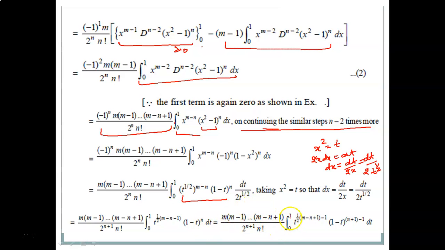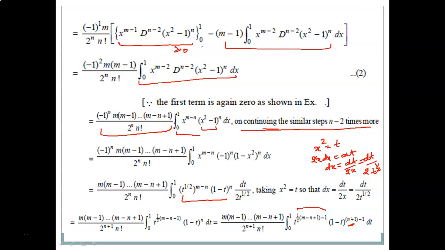Then 0 to 1 t raised to power this, we can further simplify in this form: 1 by 2 t raised to power 1 by 2 m minus n plus 1 minus 1. And similarly 1 minus t raised to power n, we can write as n plus 1 minus 1.